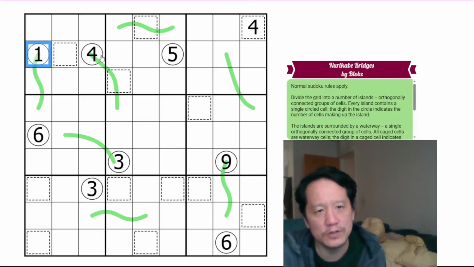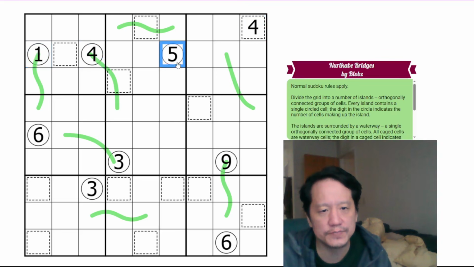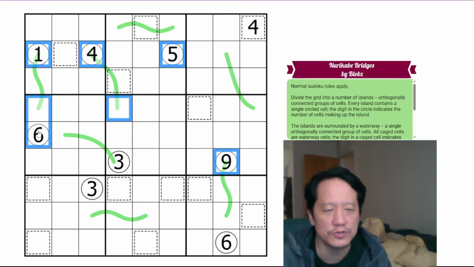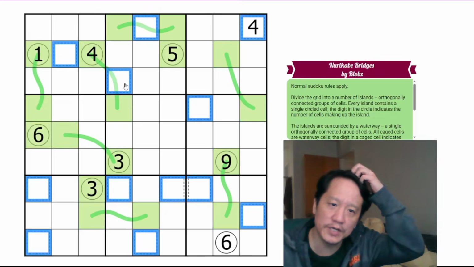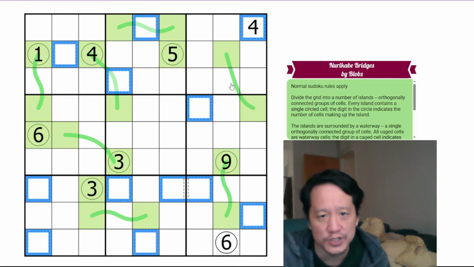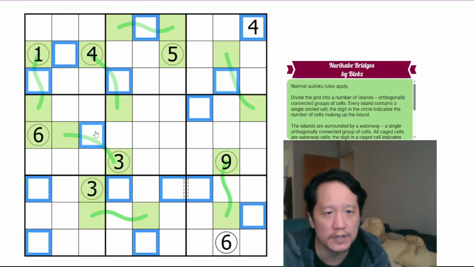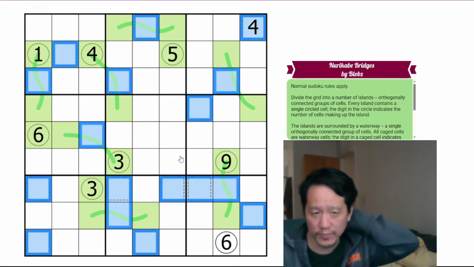So all the circles, we can't get all circles. All the circles and all the ends of the Whisper 5 lines are land. All the cages and all the middle digits on a Whisper 5 line are waterway.